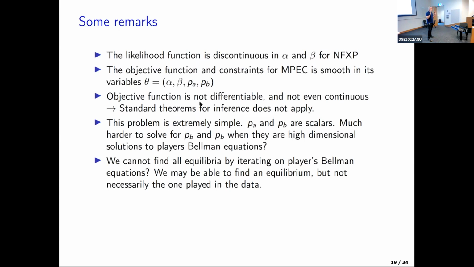Let me just say one thing. I'm generating this example to show you problems. Of course, for many games there'll be ways to find all the equilibria. And second of all, there could be other sets of parameters that would fit the real data much better, where you wouldn't have the problem.